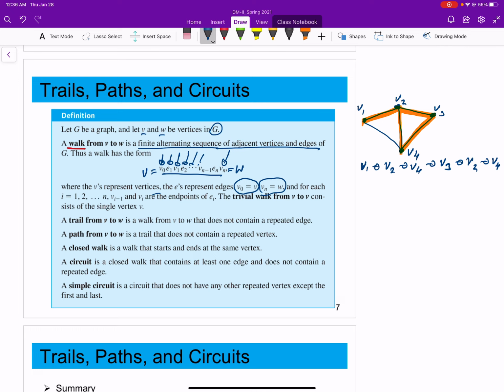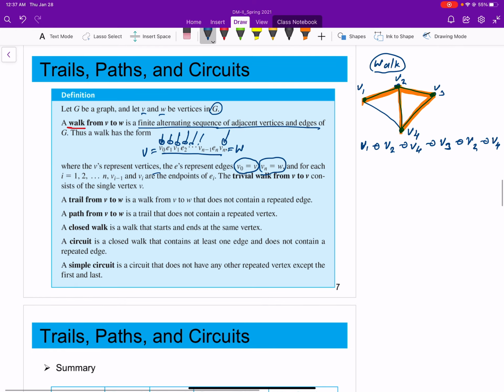So this is about a walk, and then trivial walk. Trivial walk, the simplest case that can exist. Just a vertex. Okay, just a vertex is a trivial case.